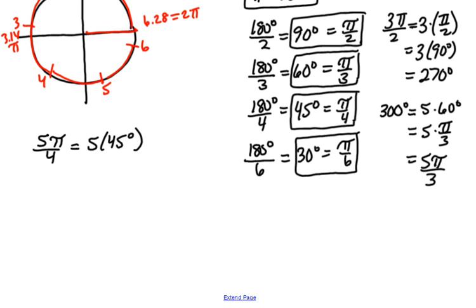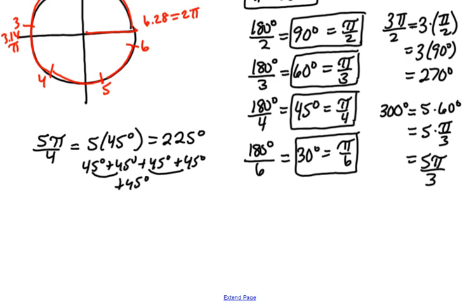In my head, 5 times 45 is 45 plus 45 plus 45 plus 45 plus 45, and I recognize that's a 90, another 90, plus a 45. So 180 plus 45 is 225.